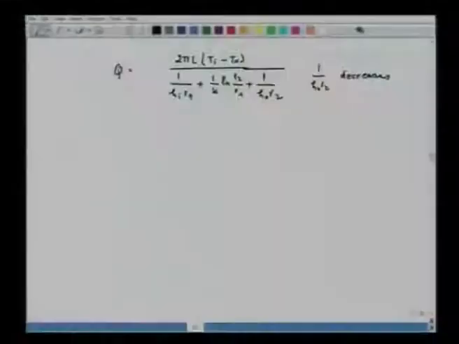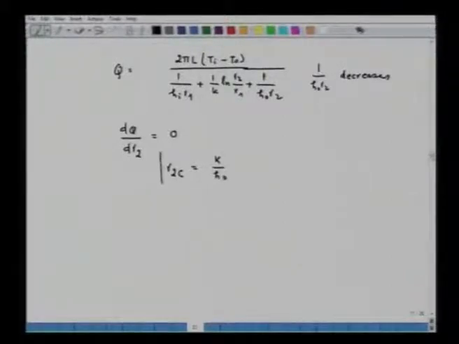So, how will you find out? You have to differentiate this heat loss with the outer radius dR2, and we set this differential quotient equal to 0, and from there, you can do this yourself, it is not very difficult, and here we get R2C equal to K upon H0.